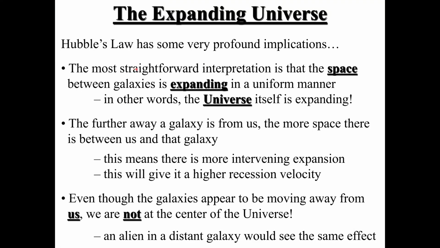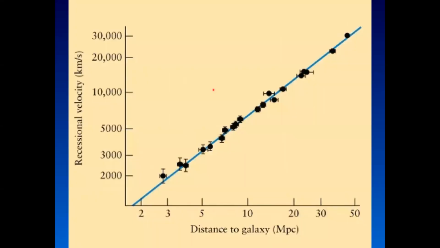The most straightforward interpretation is that the space between galaxies is expanding in a uniform manner. In other words, the universe itself is expanding. Now, this is the first major evidence that we have to tell that the universe is expanding. The reason is that the galaxies that are far away from us are actually moving faster, and the galaxies that are close to us are moving slower.